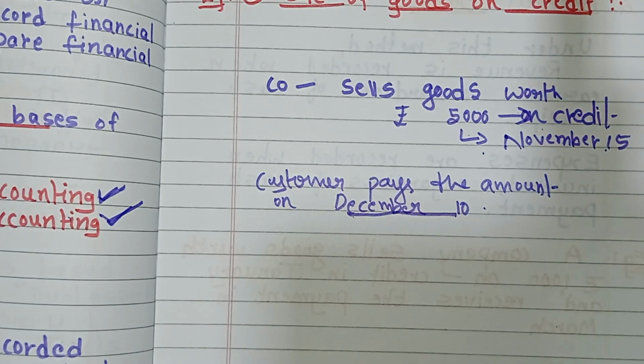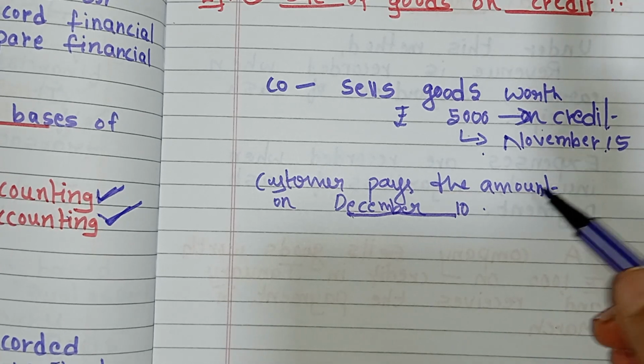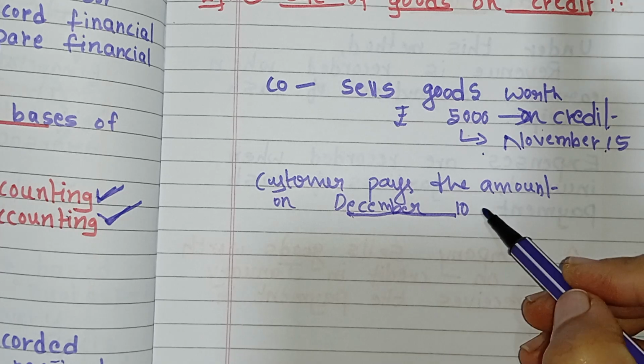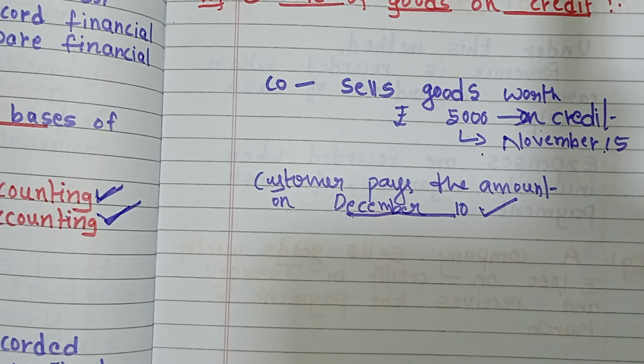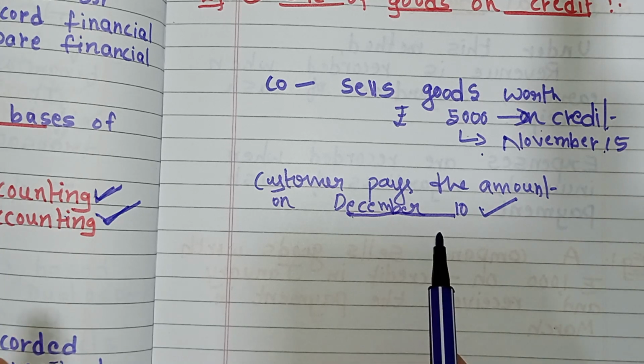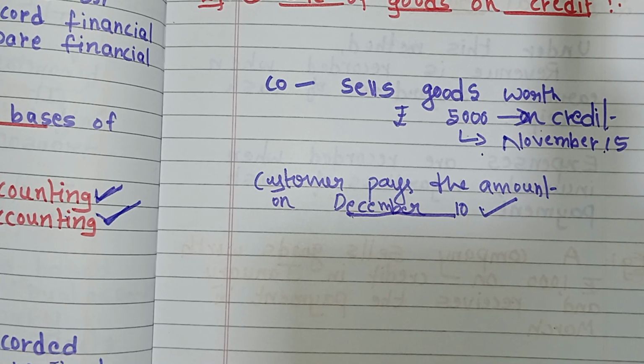Now in this case, when do we need to record the transaction? See here, the revenue is recorded on December 10. That is when the cash is received. When we have received the cash on December 10, the customer pays the amount. So we need to record the transaction on December 10 as per the cash basis of accounting.